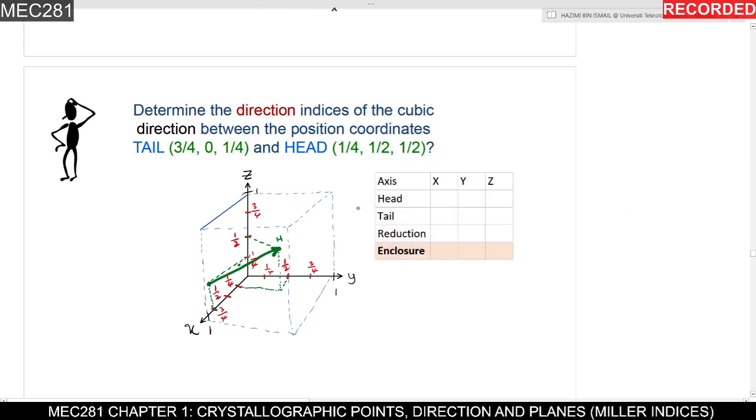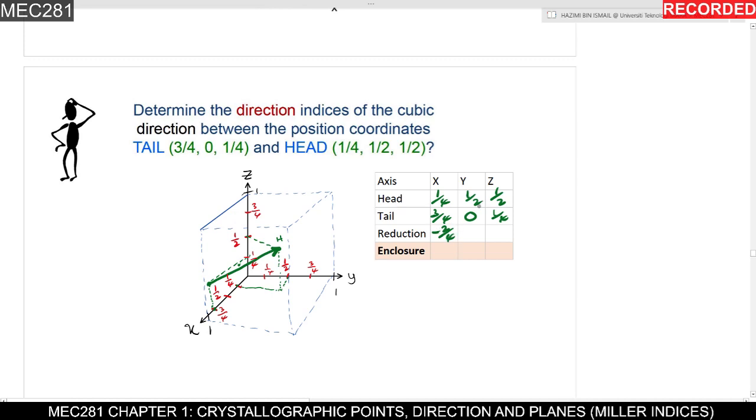Okay, so just write down this one is 1/4, half and half, tail 3/4, y 0, z 1/4. So you have to minus. 1/4 minus 3/4 is minus 2/4, or minus 1/2.